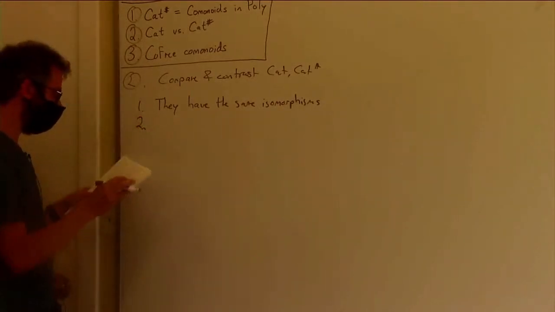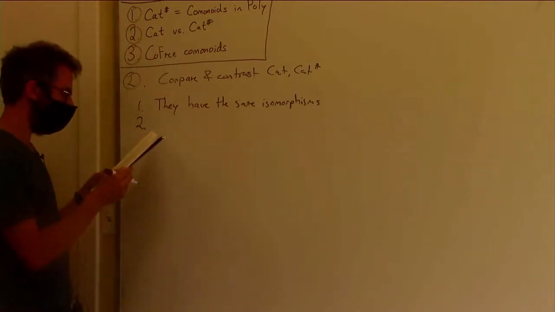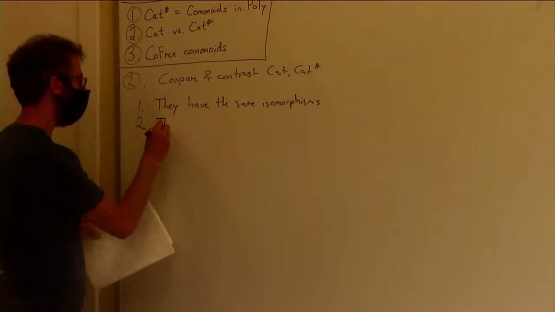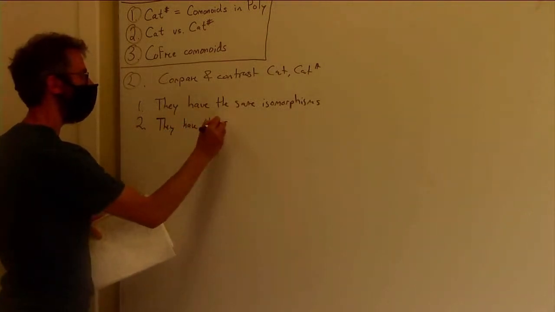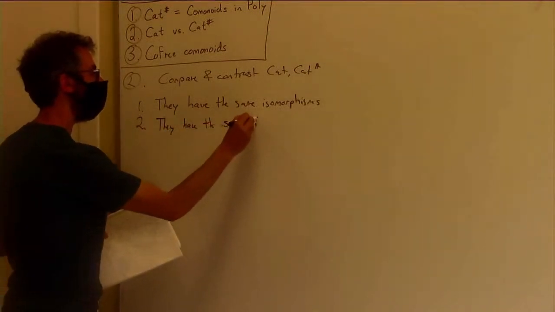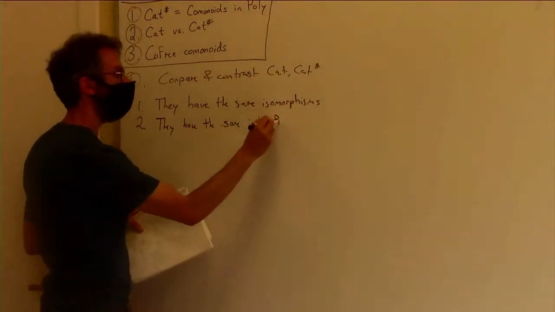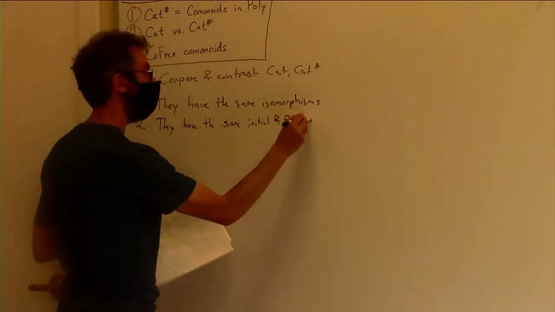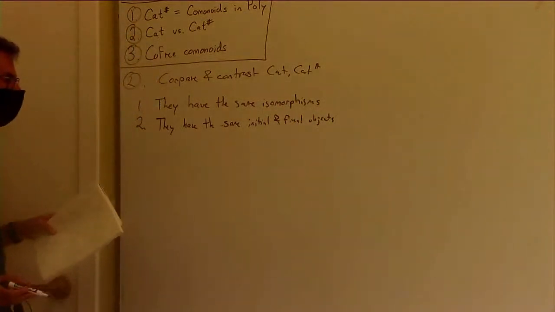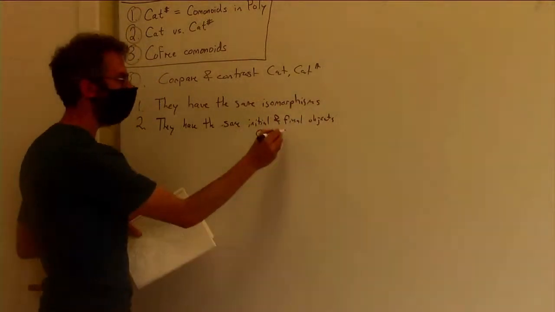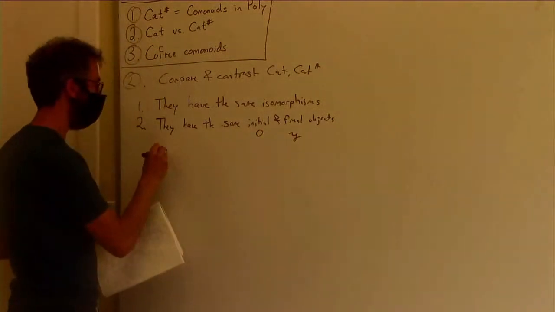Another comparison is that they have the same initial and final objects. They have the same initial objects as each other and the same final objects as each other, so 0 and y, and the same coproducts.